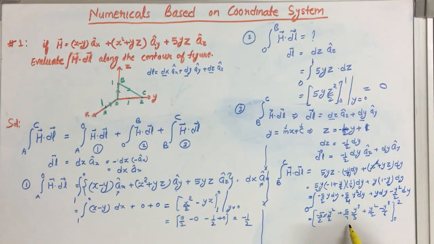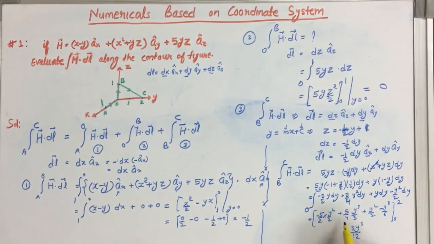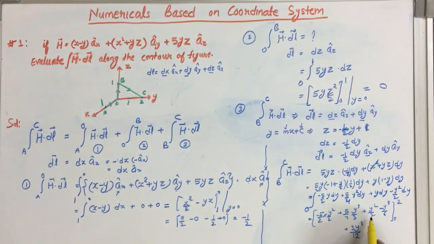This and this can be solved: 4 into 3 is 12, 5 minus 2 is 3, so you can say plus 3 y cube by 12. It is minus 5 by 4 y square plus y square by 2, which will be minus 3 y square by 4, from 0 to 2.